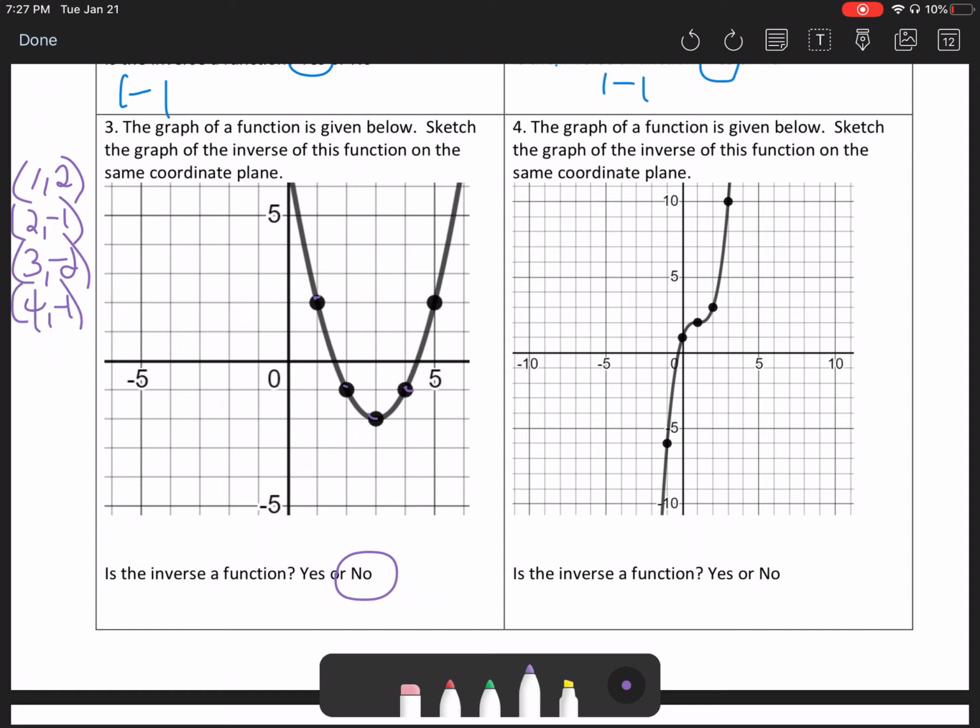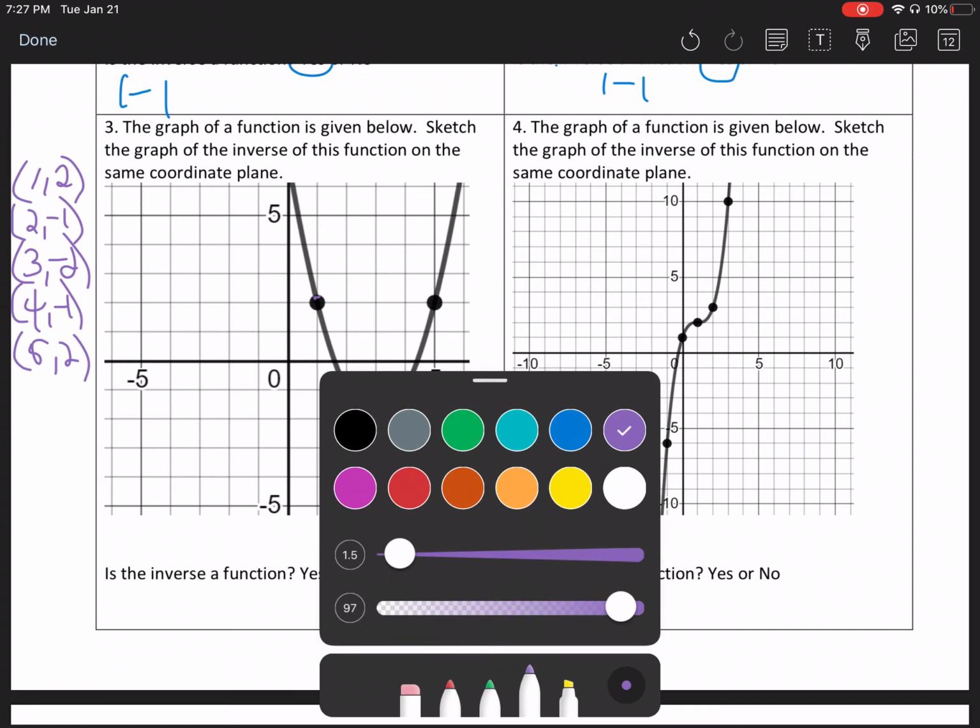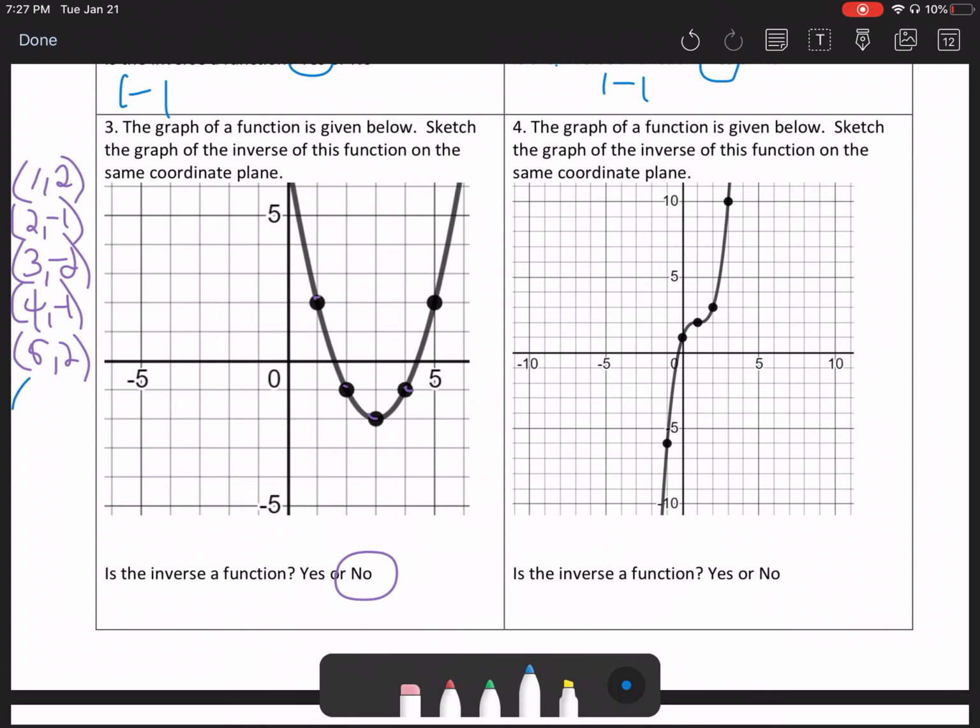We have 5, 2. Those are all my important points. There are no asymptotes or anything here. Okay, so my new points are going to be 2, 1. Okay, -1, 2. -2, 3.